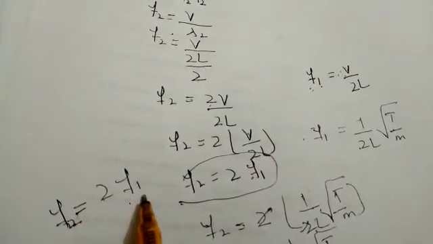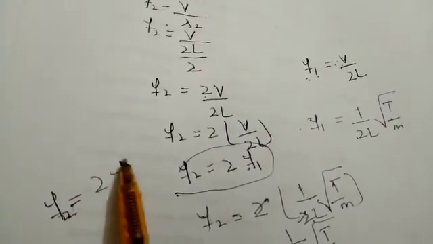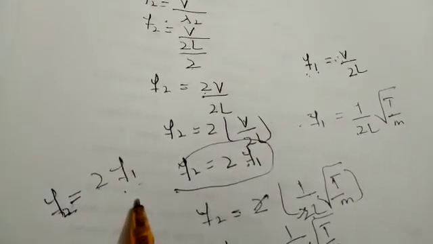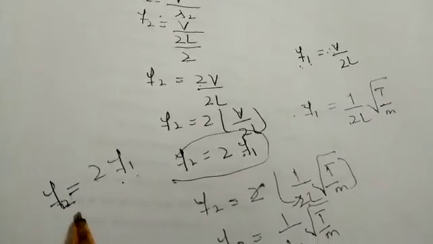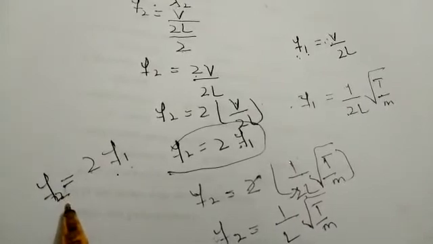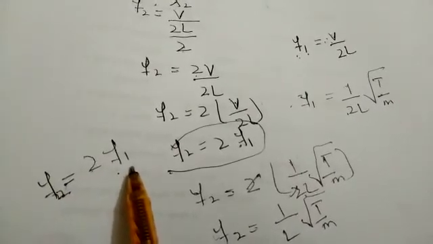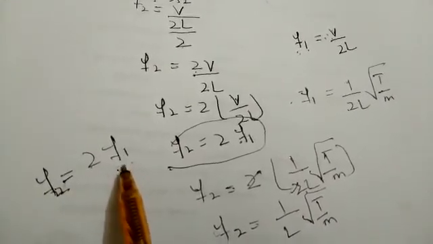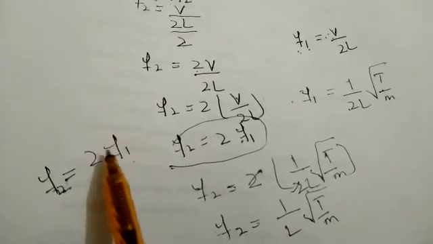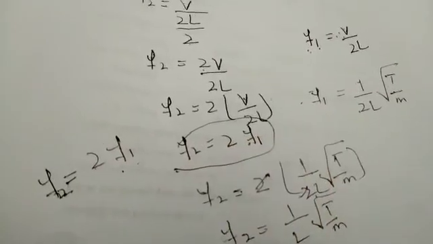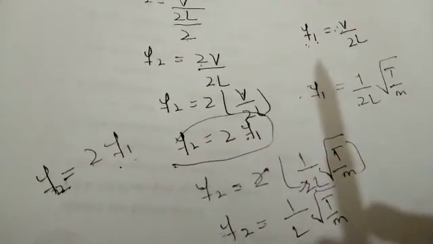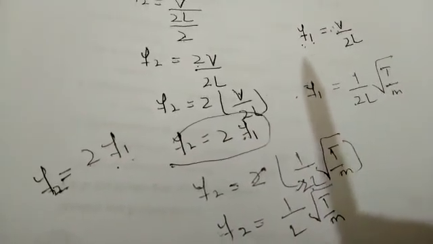So when the string moves in two loops, the frequency of the string is double the frequency when it moves in a single loop, and that frequency we call the fundamental frequency or first harmonic frequency. Second harmonic frequency is double the first harmonic frequency.